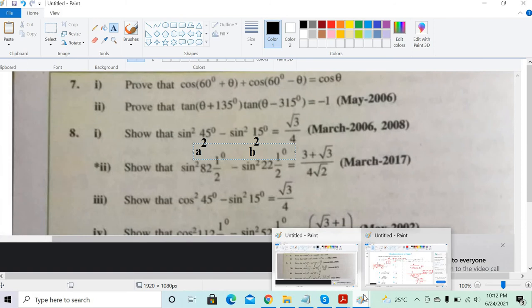Now sine 60 is root 3 by 2 and cos 60 is 1 by 2. So I got cos 105 by 2 into sine 105 by 2 into root 3.